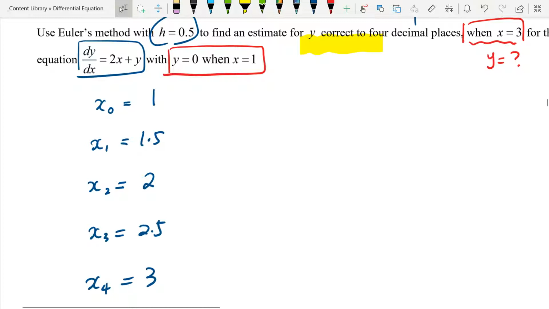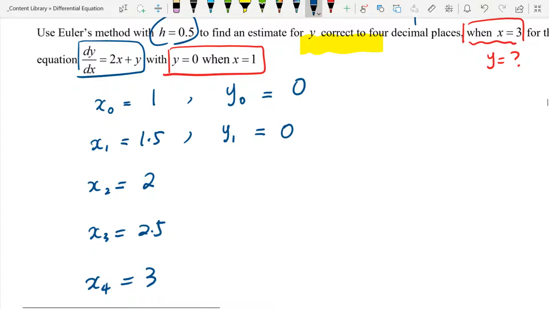Now I will go back to think about what my y value is. My y0 is what? 0. The given value is 0. All right, the y side is always the difficult side to think about. So y1, always think of it as the previous point.